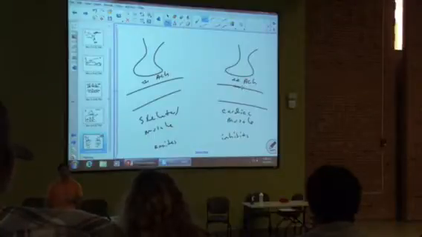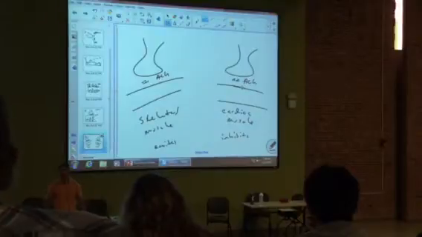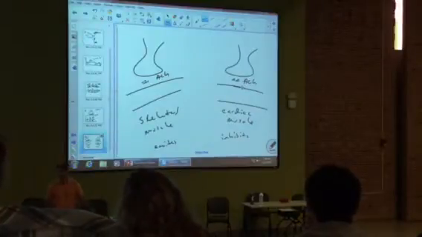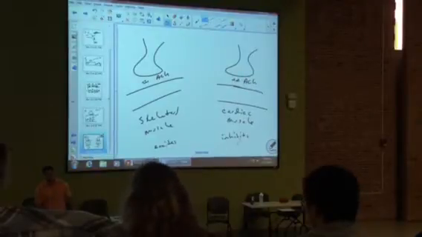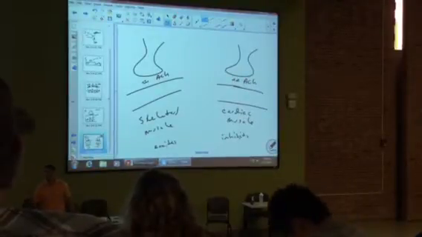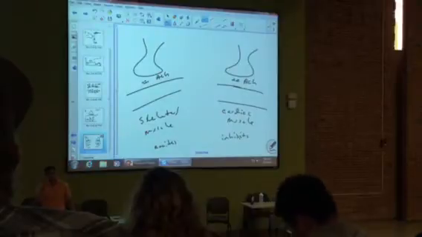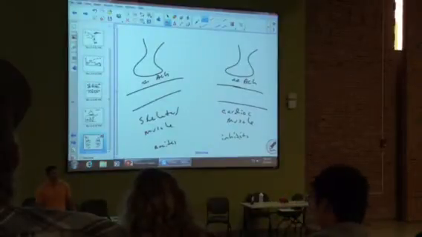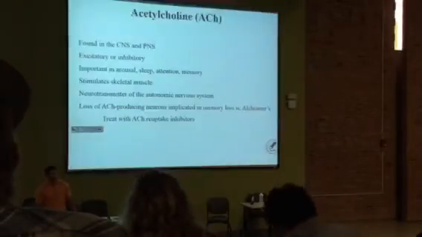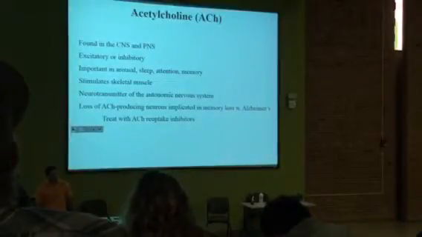And hopefully I've hammered the hell out of that by this point to where you do know what that all means, okay? So know that acetylcholine is a neurotransmitter that can excite and inhibit. It's not going to do both things to the same cell. It'll do different things to different cells, depending on what cell it is. So I want you to know that. I want you to know what it does.